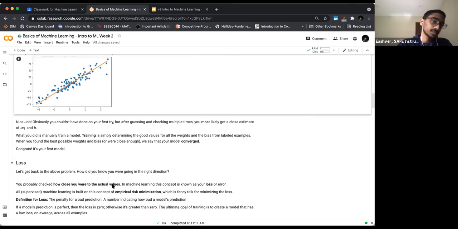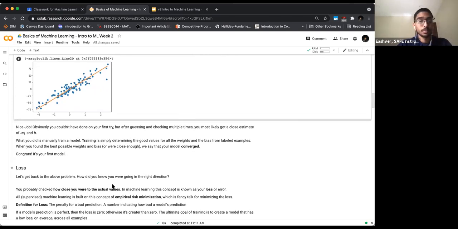Loss or error is the penalty for a bad prediction. It's a numerical value that indicates how bad a model's prediction is. If it's a perfect prediction, like on the dot, like this point at 0, 0, then that would have a loss of 0. If it's not perfect, then it would be greater than 0.